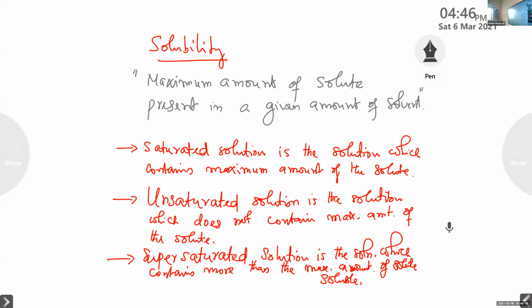What happens when a solute is added into a supersaturated solution? Then there will be crystallization of the extra, excess amount of solute dissolved. So there is crystallization of the solute.